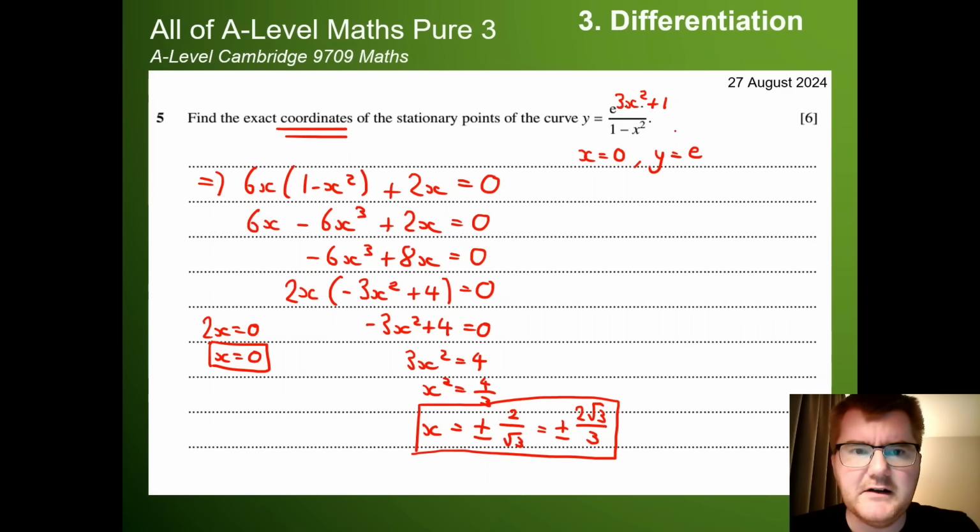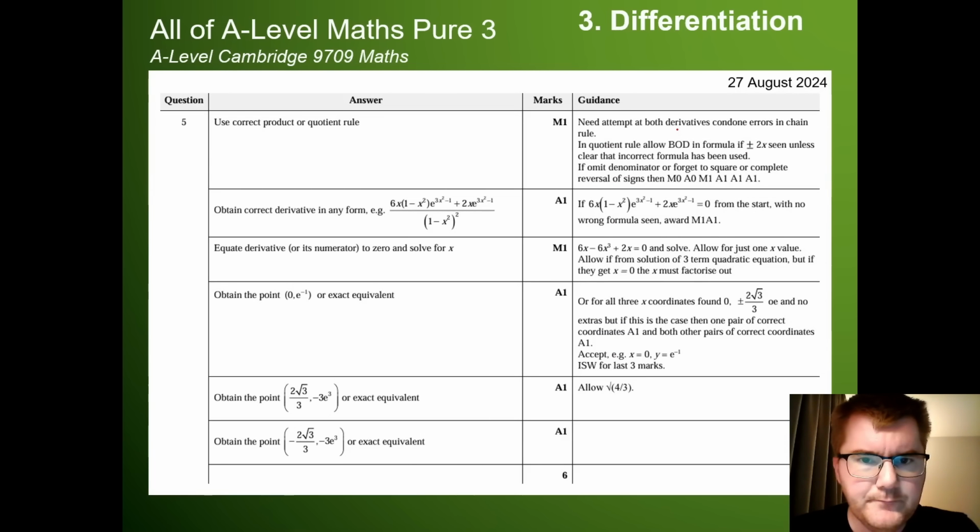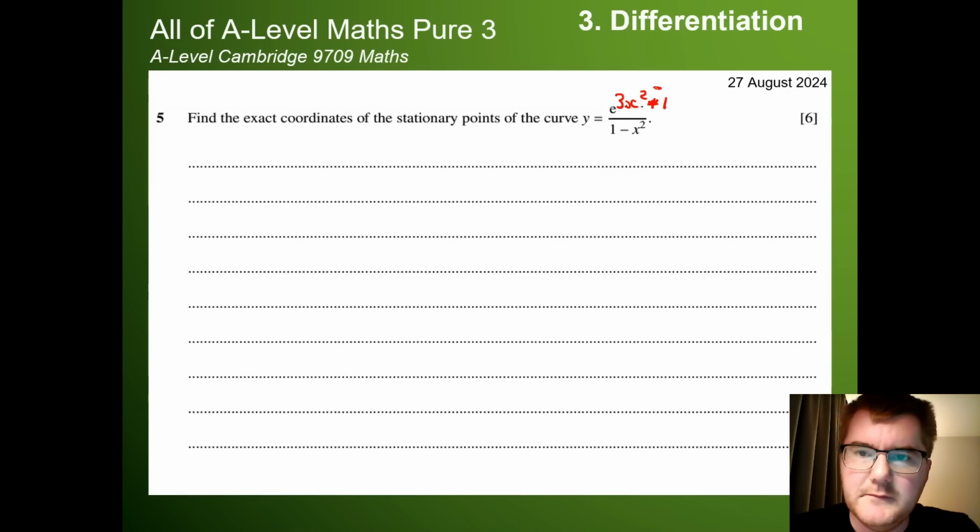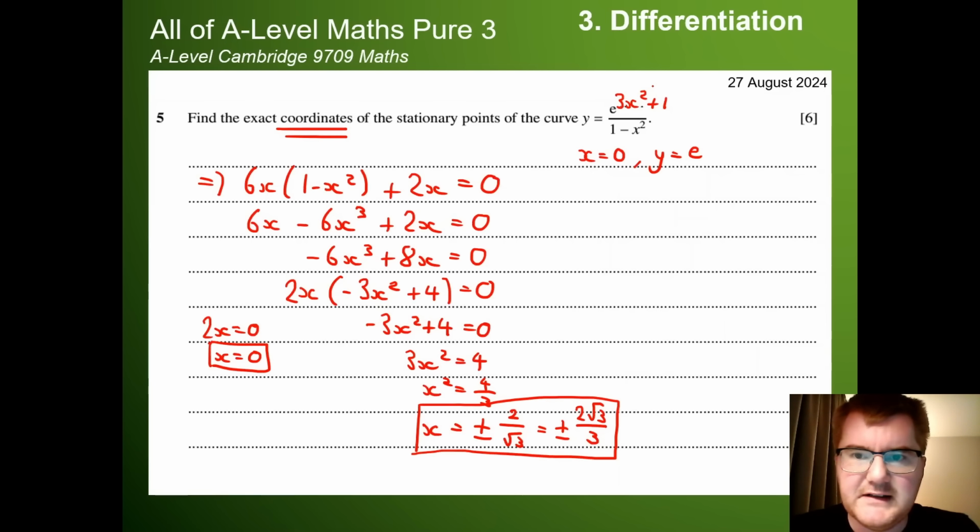I think I wrote this down incorrectly. It doesn't make any difference though. Yeah, so this was a minus 1, but it keeps pretty much all the working the same here. So that gives us e to the power of minus 1 over 1, so that's just equal to e to the power of minus 1. Okay, that's all good. So we have that coordinate, 0, e to the power of minus 1.